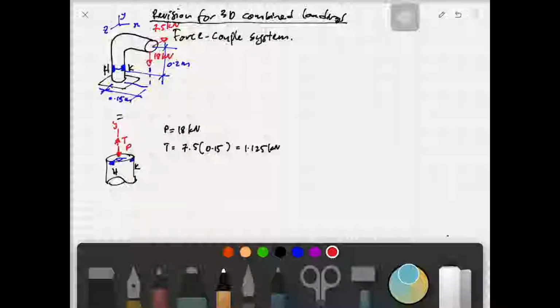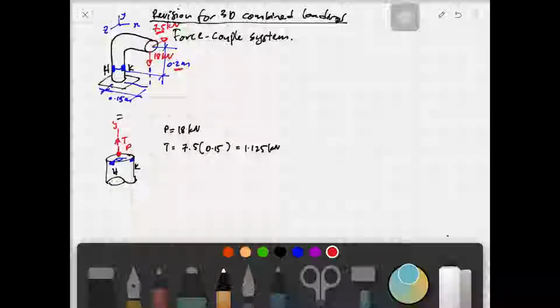We have moment x acting at point K. This moment x is due to the rotation of the 7.5 point load with a distance of 0.2, which again makes a moment similar to the torque previously, but from this view we call it the moment acting at that point, because of the rotation, you can follow the right hand rule.